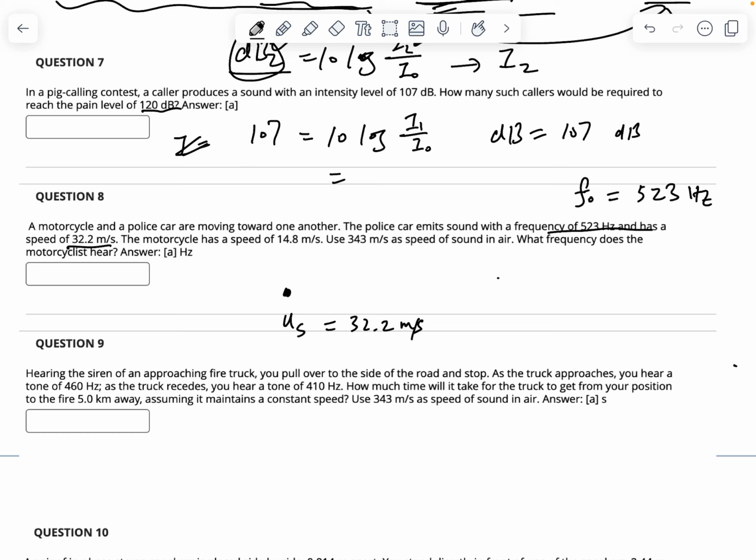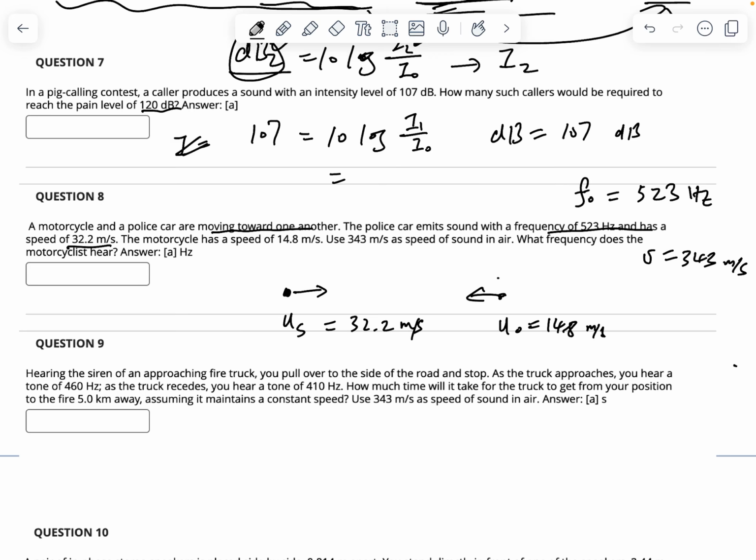The motorcycle has a speed, the observer speed UO, equal to 14.8 meters per second. They're moving towards each other, and the speed of sound is V equal to 343 meters per second.